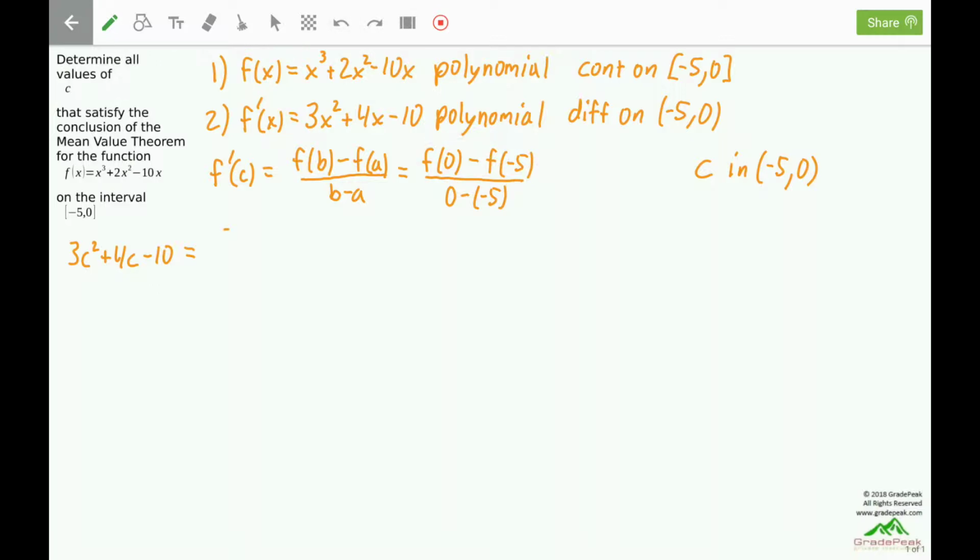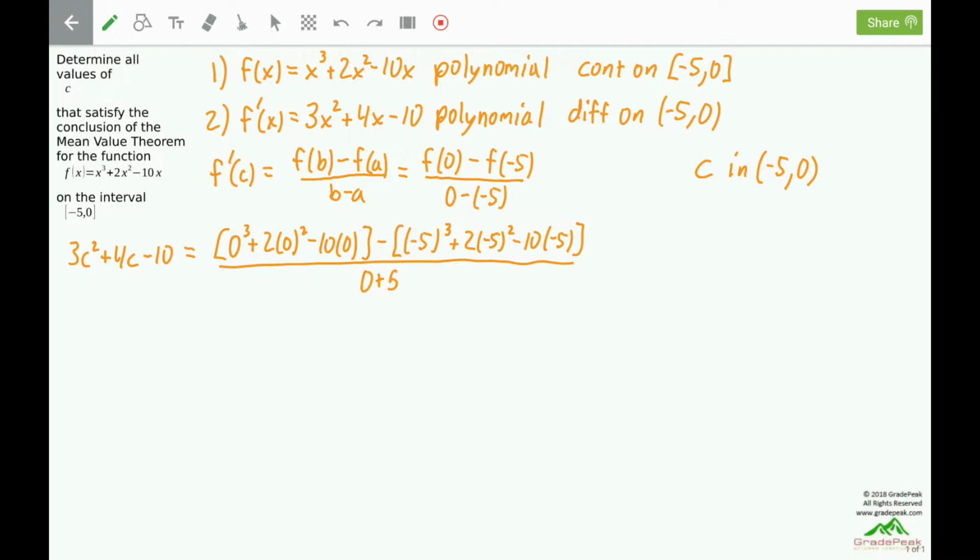F of 0 will be 0 cubed plus 2 times 0 squared minus 10 times 0, minus f of -5, which will be -5 cubed plus 2 times -5 squared minus 10 times -5, all divided by 0 minus -5, which is the same as 0 plus 5.